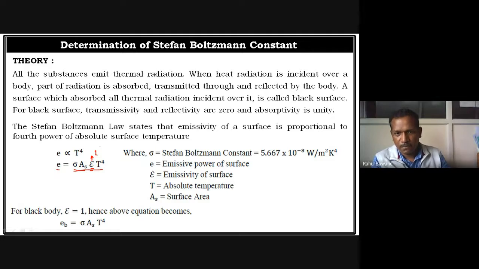It is accepted because it is a non-standard working condition, with non-standard equipment, and devices and thermocouples that are not highly calibrated. So our final finding should be in the range of 4.8 to 6 into 10 to the power minus 8 watt per meter square Kelvin to the power 4. Then we will consider our experiment successfully completed and the value nearby the actual standard value.